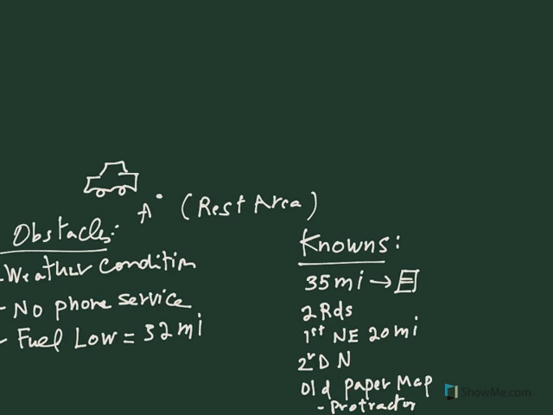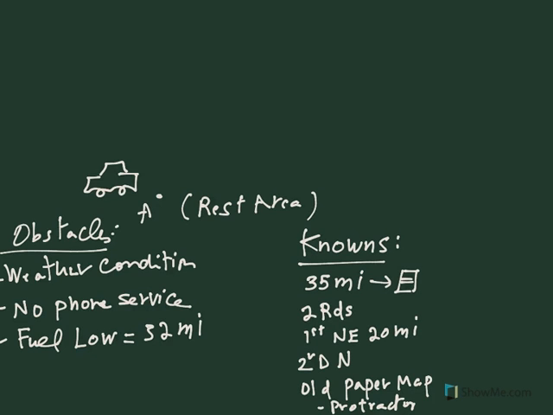He tried to find a ruler to measure, but he didn't have a ruler, only the protractor. So that's all he has available. And the obstacles are the weather condition, no phone service, and low fuel. But on his phone he can still use his calculator.